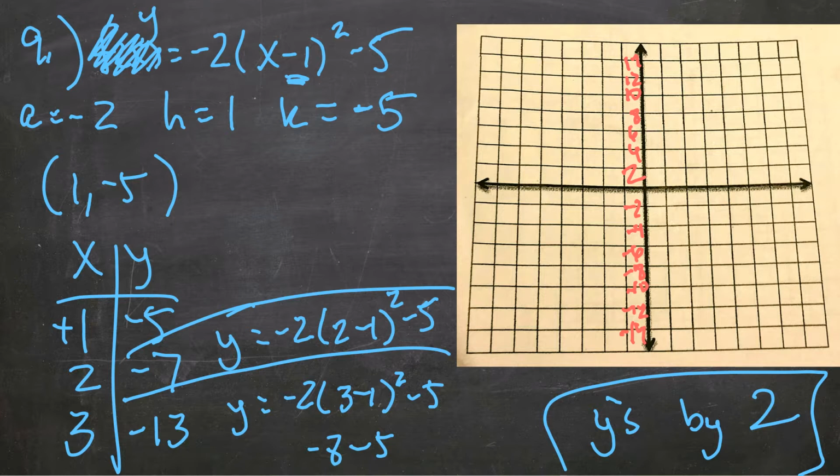I go 1 down to -5, that's right here. I still have a dotted line. I go 2, -7, so 2, -7. Oh, I put that 1, -5 in the wrong spot.